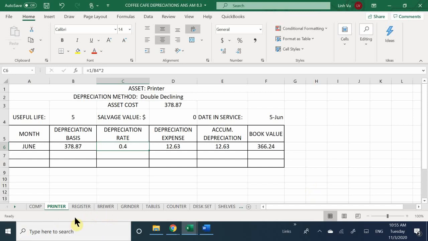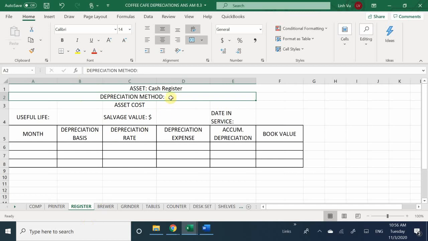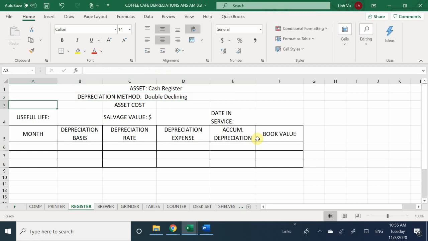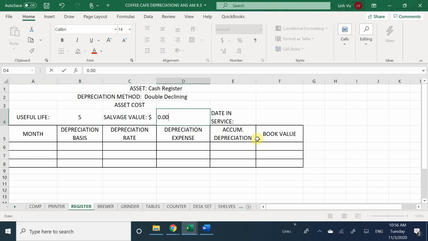Now we have the cash register. We know that we're double declining this. Its useful life is 5 years, no residual value.